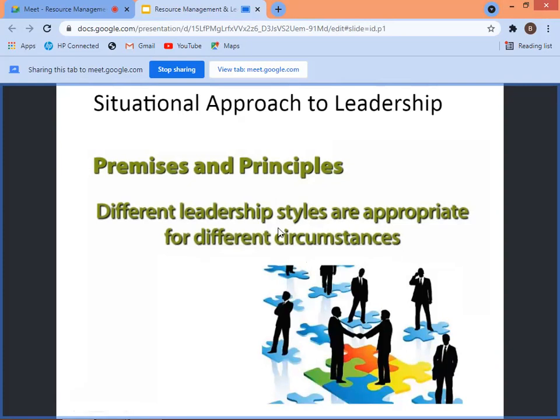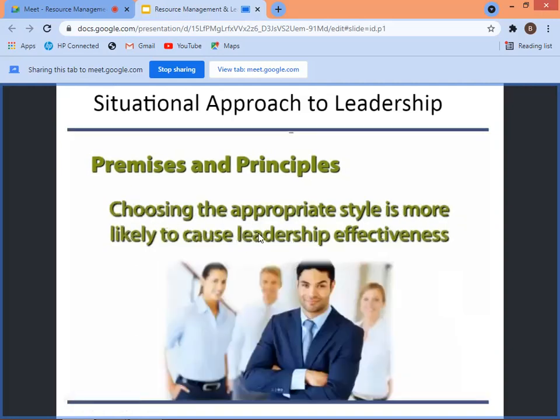Then you have to respect the ideas of everybody. So different circumstances. There are employees who are very low, who do not know anything yet, and you have to be patient with those guys. Choosing the appropriate style is more likely to cause leadership effectiveness. Okay. So whenever you select the right appropriate style, you will have leadership effectiveness.